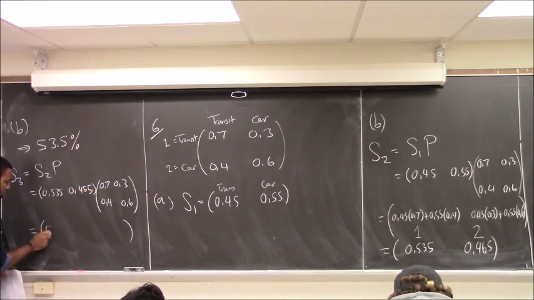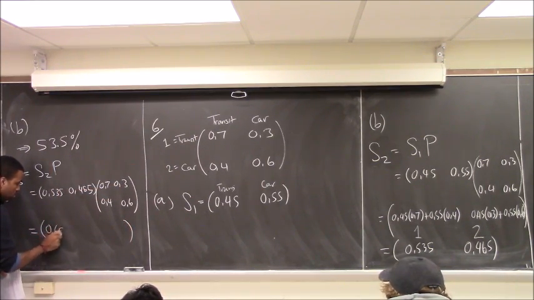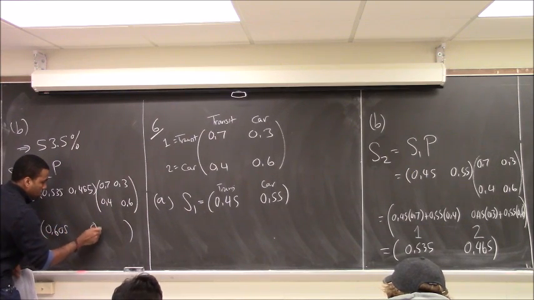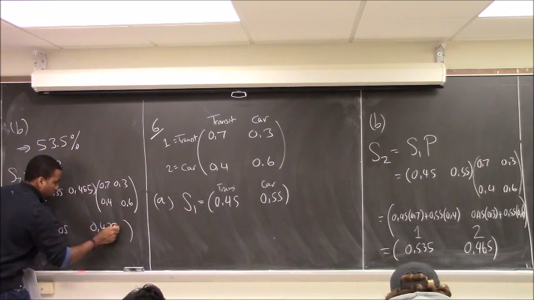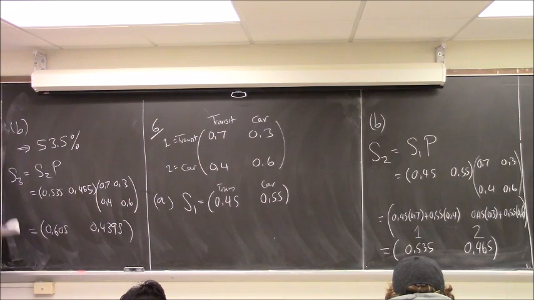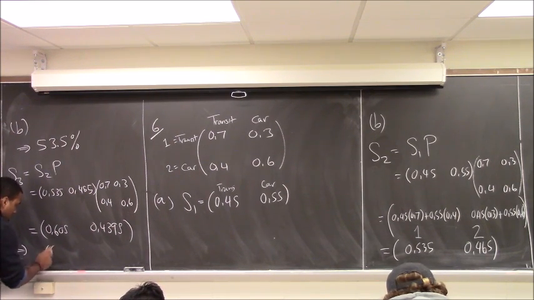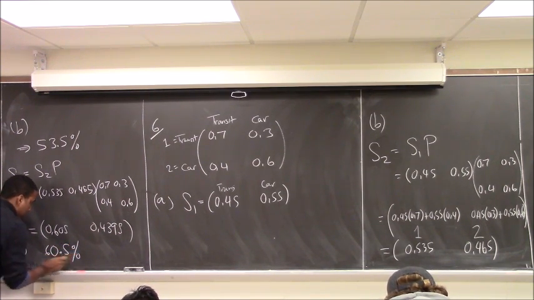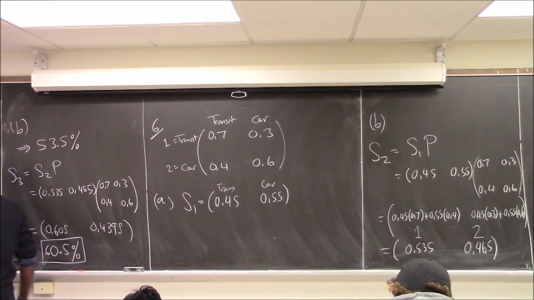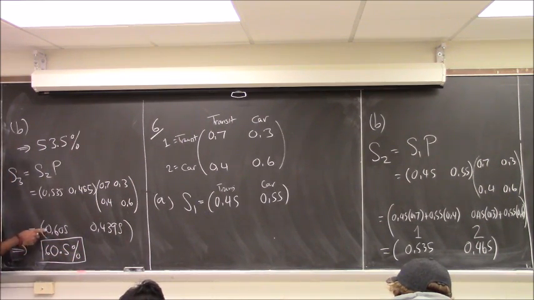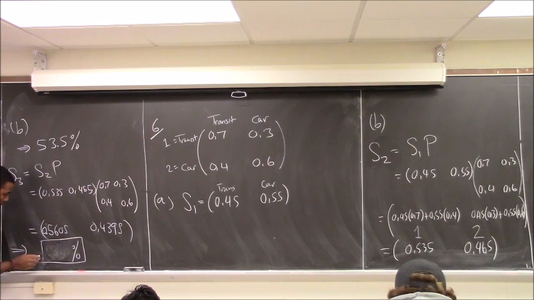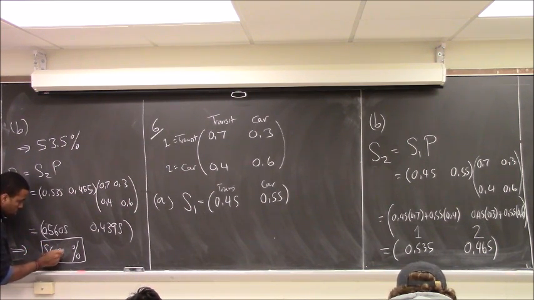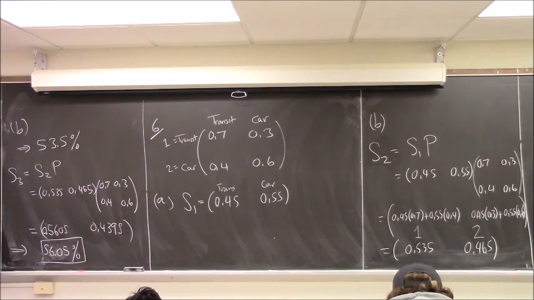And what was the number you get? 0.605 and 0.4395. And so the answer here would be 60.5%. It was 56.05. What? It's 0.5605. So 56.05%.